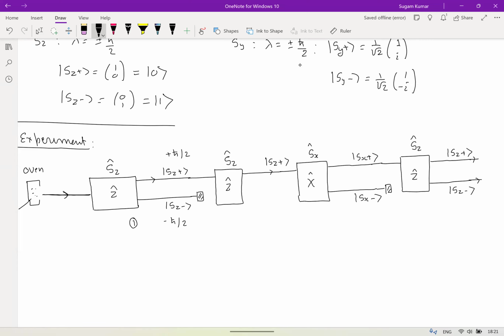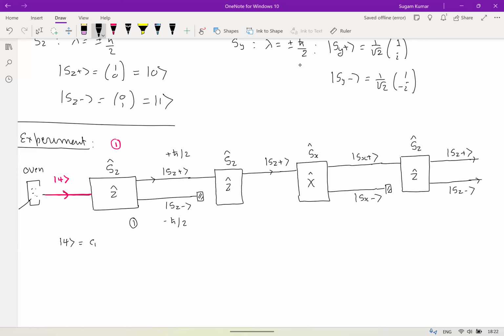This we can explain very simply, no? Look at the first step. In the first step, when you do the Sz measurement, whatever beam you have, let us say the state is defined as psi. If you want to operate Sz, you have to write this wave function as a linear combination of the eigenstates of Sz.